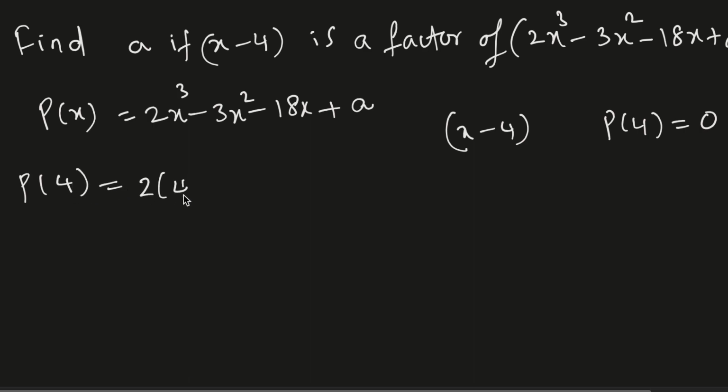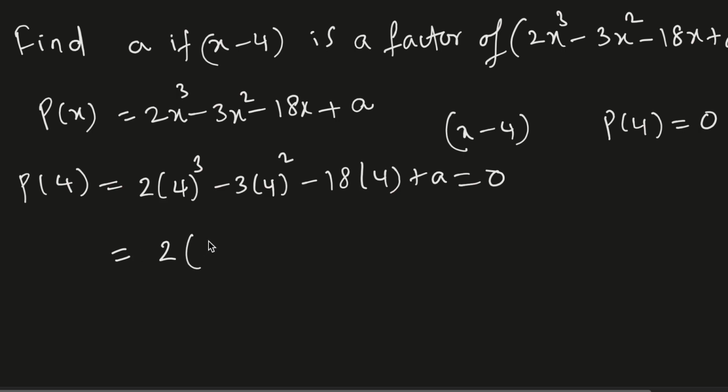So 2 into 4 cube minus 3 into 4 square minus 18 into 4 plus a is equal to 0. So this is 2 into 4 cube, it is 128, minus 3 into 4 square is 48, minus 72 plus a is 0.